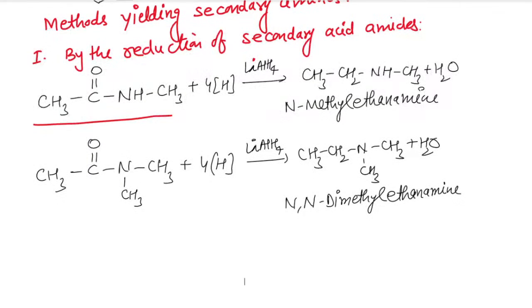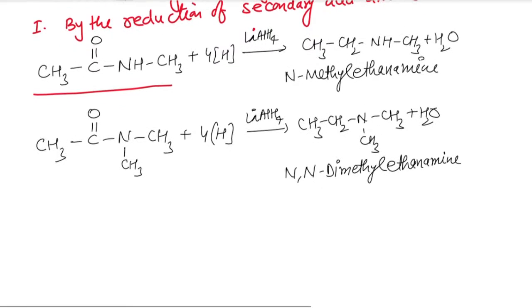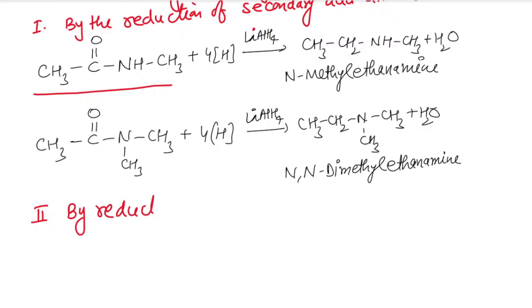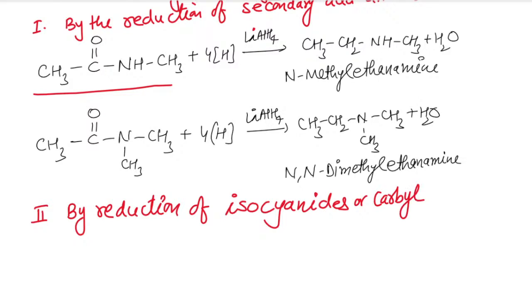Now next one is the second method, by reduction of isocyanides. Isocyanides are also known as carbyl amines.